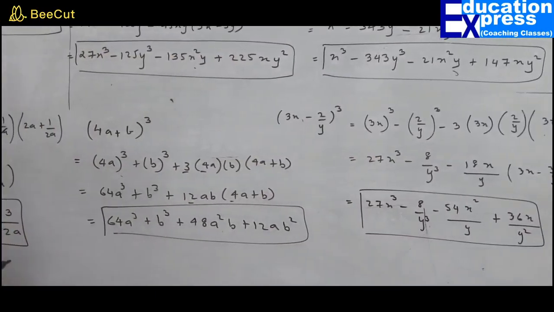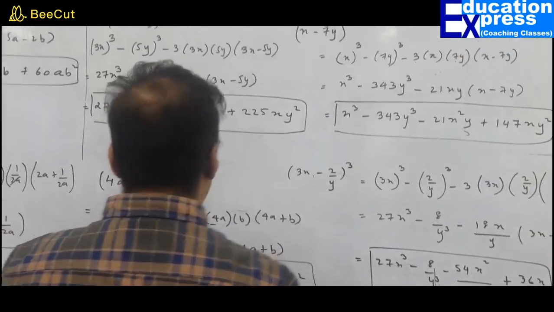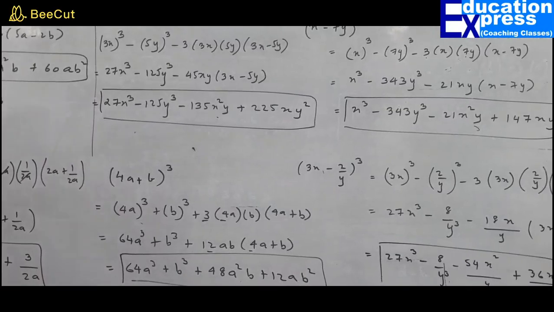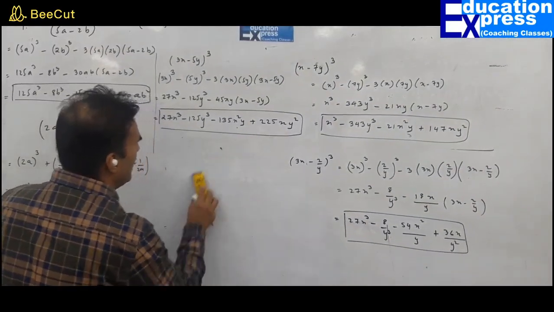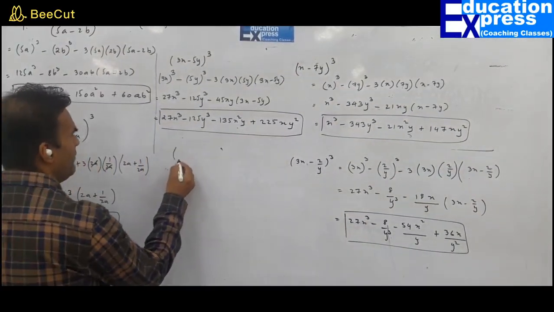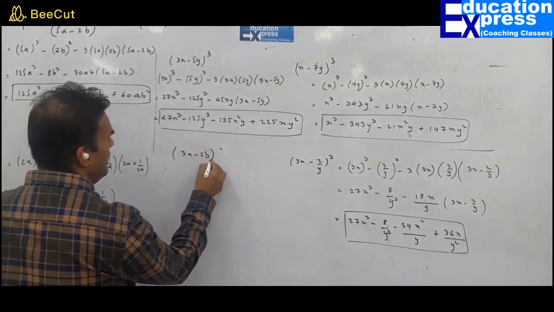I am giving you a few questions for practice purpose. You need to practice the following questions in addition to the questions that I have done. So the additional questions would be 3a minus 5b the whole cube.